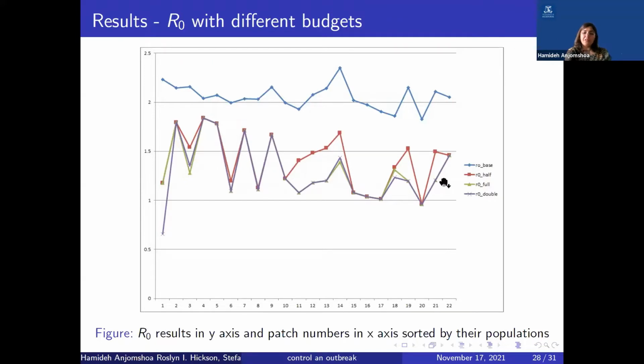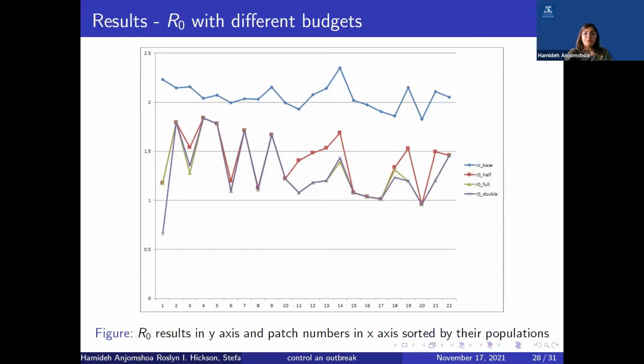It's interesting to see where the optimization chooses to allocate more money and resources when we play with the budget. It's a nice decision-making tool for decision makers to see how much budget they need in order to control the outbreak, and which patches they should allocate more budget to or not.